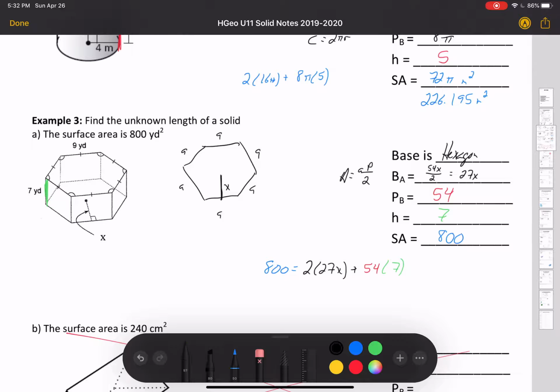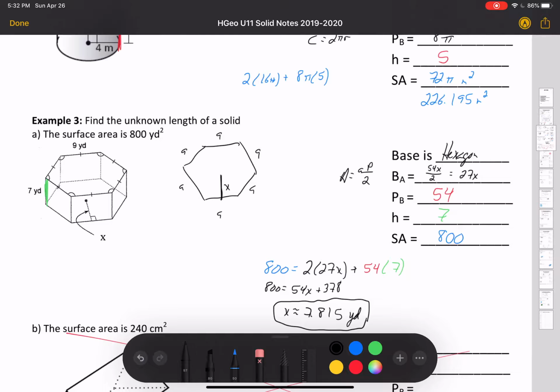If I were to set this up to solve, 800 is equal to 54x plus 378. If I were to solve this now, just going to solve it for x, x would be approximately 7.815 yards.